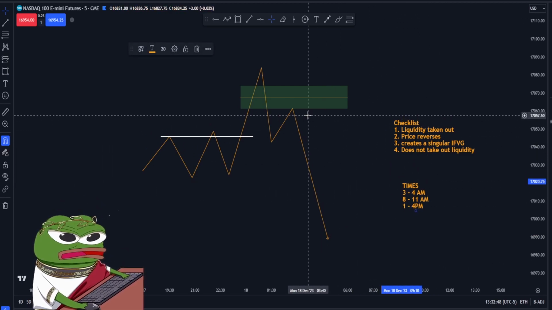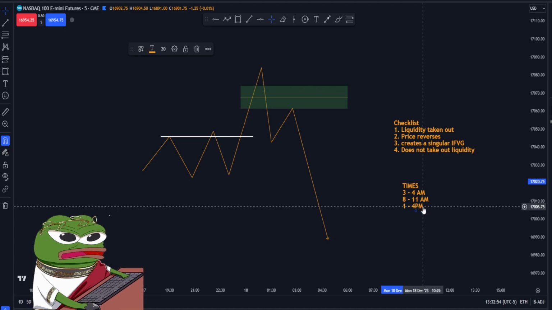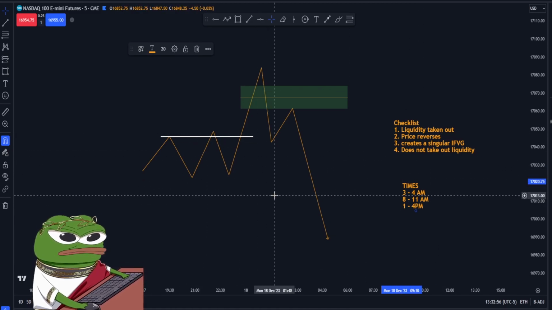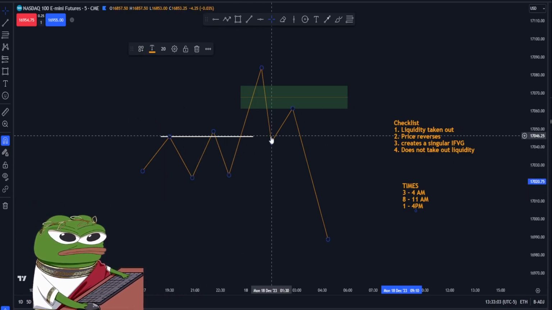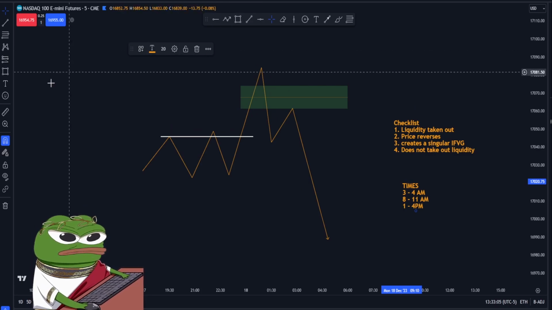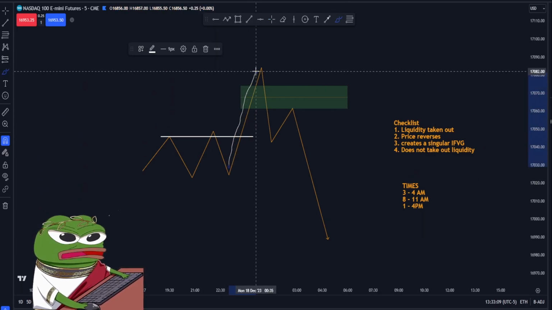And remember, do not push it. Just because it's the time to trade this doesn't mean you should just trade. Okay, you just want to chill, and then you see equal highs, equal lows. You're like, okay. Then I see the price going above. Okay.